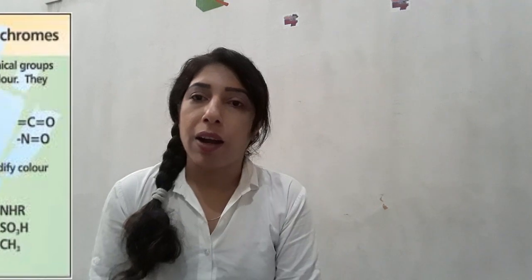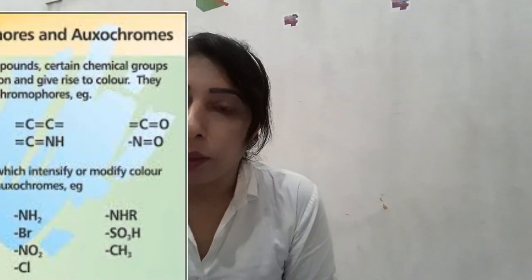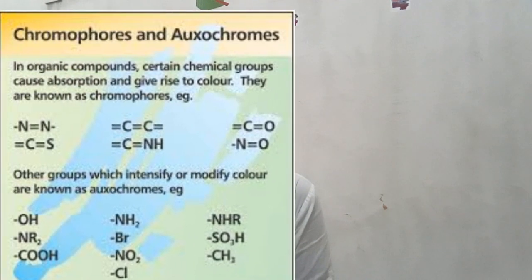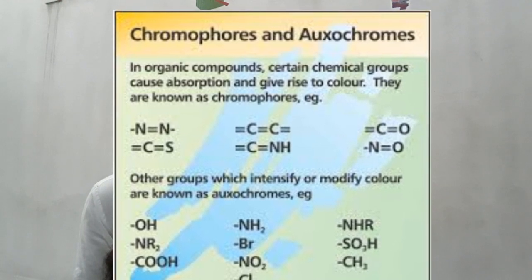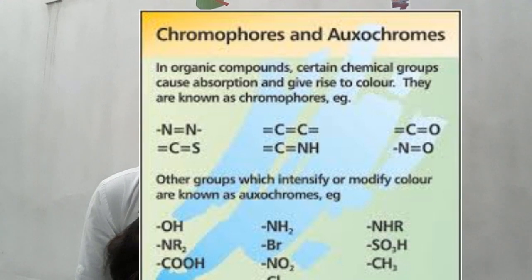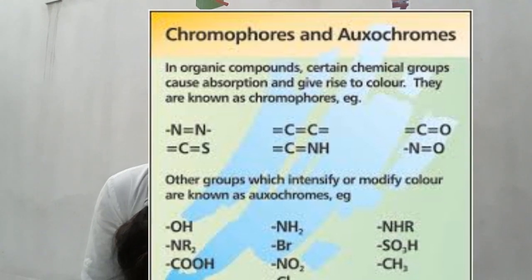They are already in an unstable state and therefore require lower energy to go to the excited state, so they require longer wavelength, more than 200 nanometer, and the transitions that take place here are pi to pi star and n to pi star.